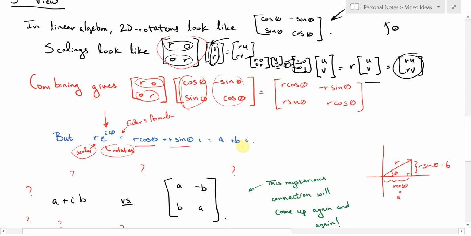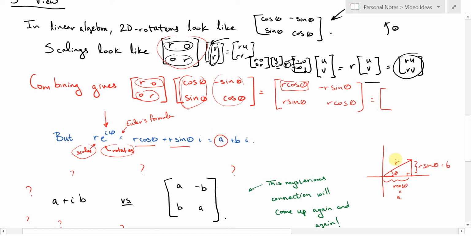Okay, so if you actually plug a plus bi into this matrix, what do you get? Here we have an r cos theta, right? So this matrix, remember, just came from what happens if I scale and I rotate. I just multiplied the two matrices. Doing one then the other just consists of multiplying the matrices, right? From linear algebra. But r cos theta is equal to a.